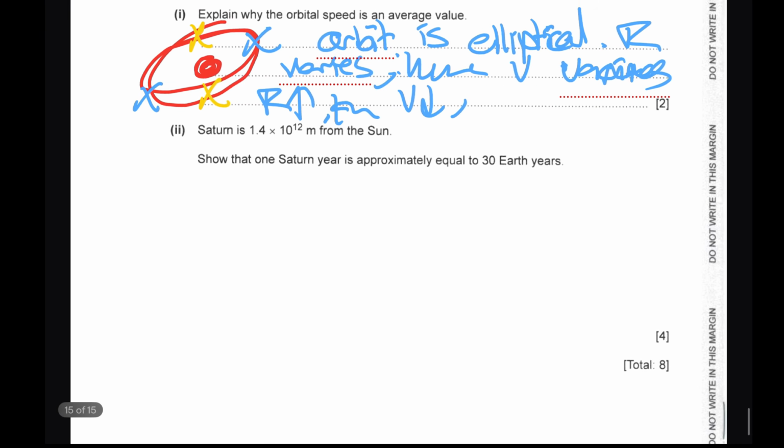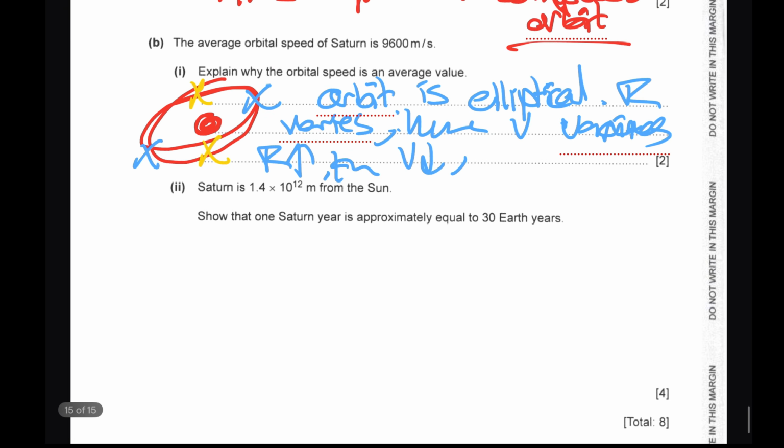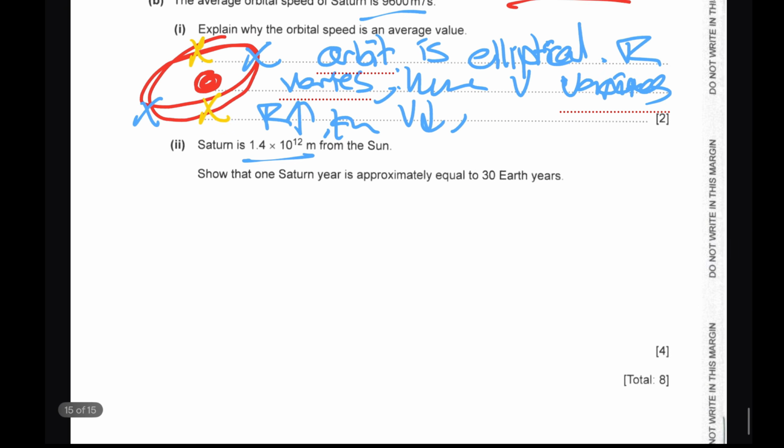Right, let's move on. Saturn is 1.4 times 10 to the power 12 meters from the sun. Show that one Saturn year is approximately equal to 30 Earth years. So we do the calculation. We've got the radius and we've got the speed, so we can find the time for one orbit in seconds. V is equal to 2 pi r by t.